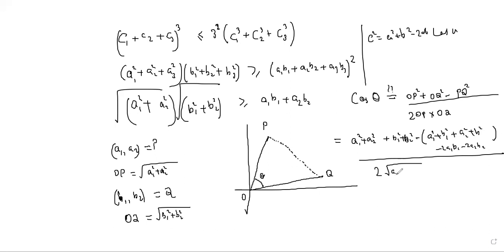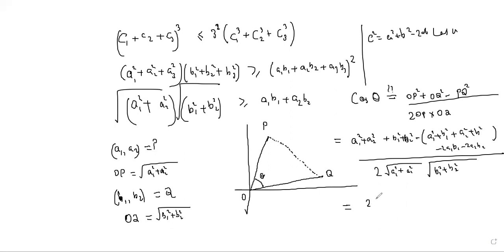I mean, this can be said much better in terms of dot products. But since we have not done that, we are doing it purely with simple geometry. And then you have this b1 square plus b2 square. Okay. Now, if you simplify, in the numerator, you can see that a lot of things are going to get cancelled, right?